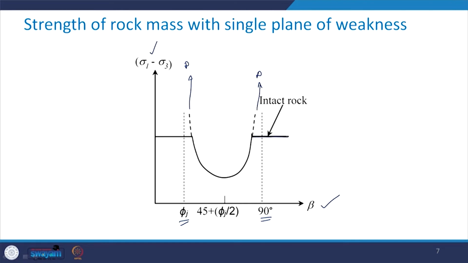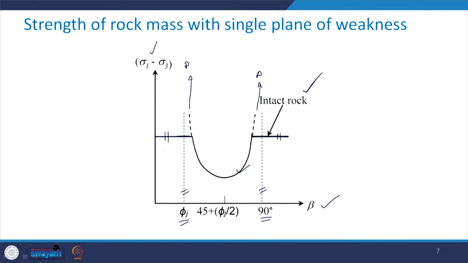This horizontal line gives us the strength characteristic for the intact rock. So, if beta lies between phi j and 90 degrees, the failure will take place along the discontinuity, otherwise the failure will take place in the intact rock.